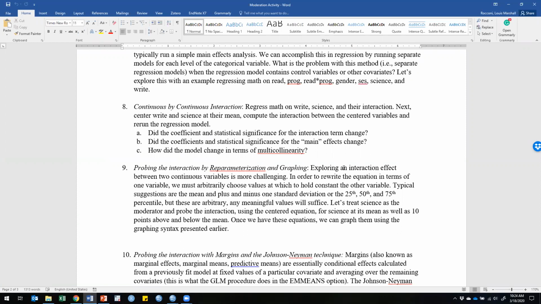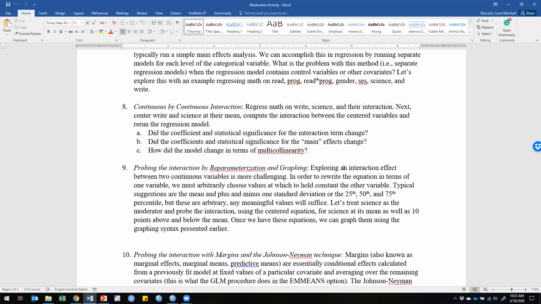When it was categorical, it was easy because we could just pick each category. When we have two continuous variables, we just have to arbitrarily choose which values to pick if we want to be able to rewrite the regression equation in terms of those values and graph the interaction.